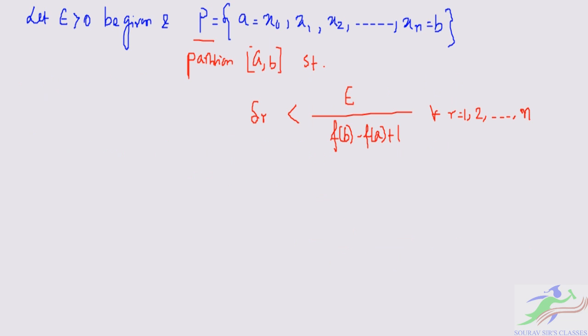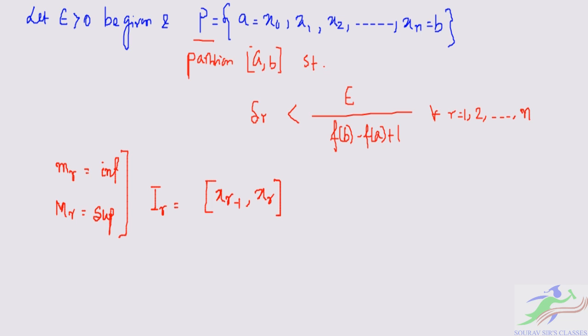Now let us take this small mr and capital Mr. Small mr is the infimum, and capital Mr is the supremum of f on the interval I r, which is x r minus 1 comma x r.